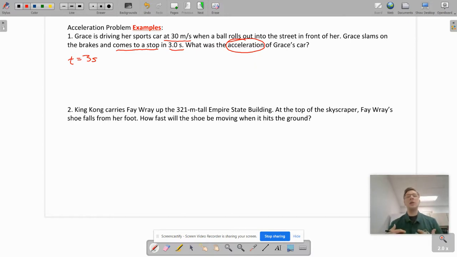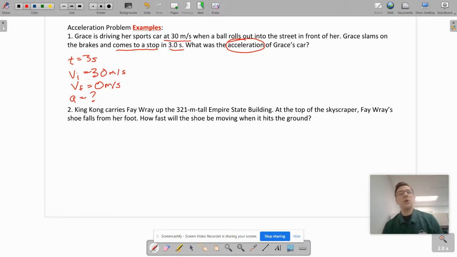That is implying that her initial velocity is 30 meters per second. So I'm going to write that down here. VI is equal to 30 meters per second. Okay. And then it says that she comes to a stop in 3 seconds, which implies that her final velocity is 0 meters per second. And then it's asking us to solve for the acceleration of the car.